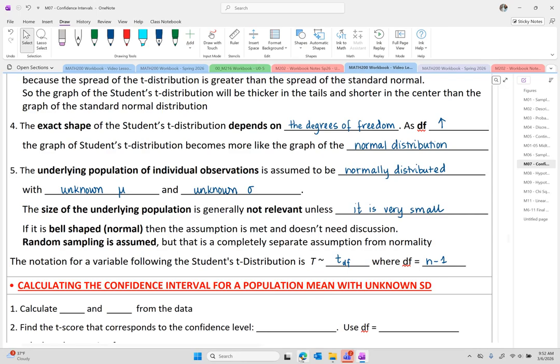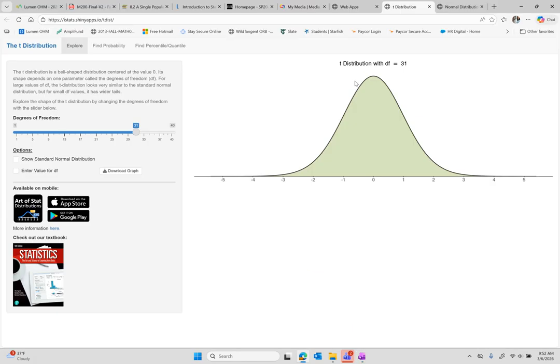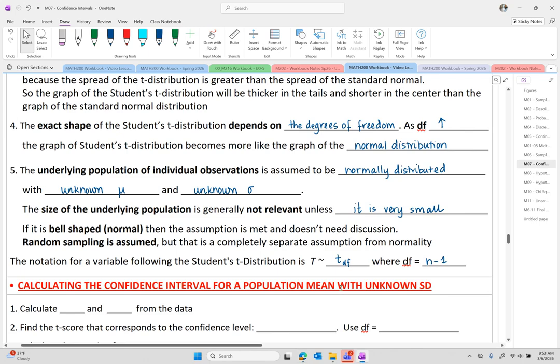So in this example over here, I would say that this variable follows a t distribution sub 31, and 31 will be the number of degrees of freedom that will indicate a sample size of 32.